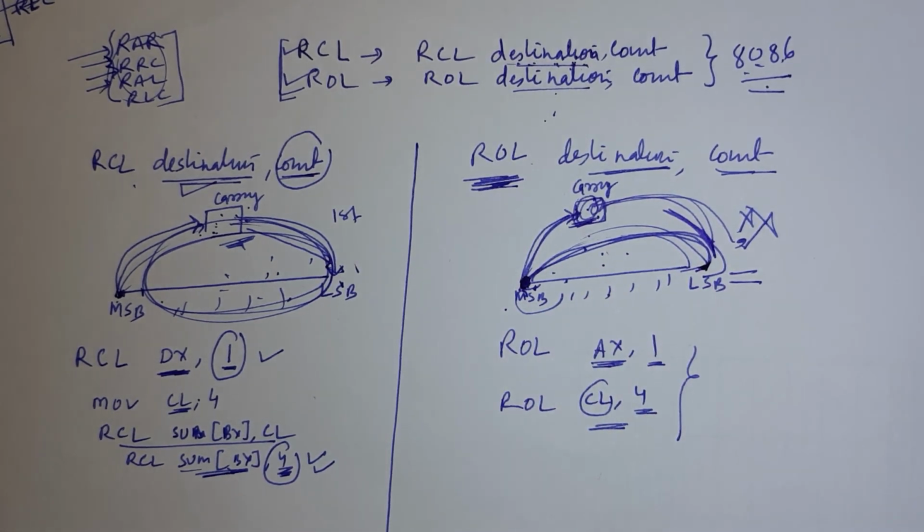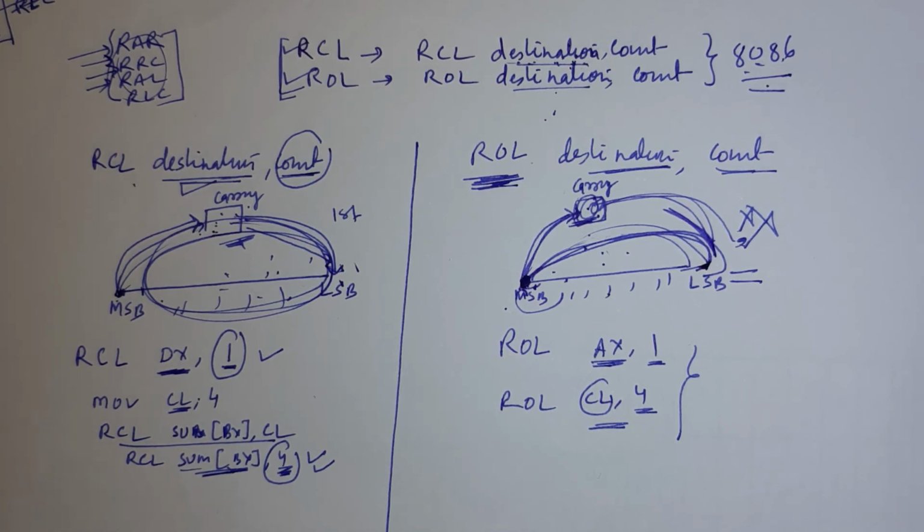This is the difference between RCL and ROL. At the position of destination we can mention any register, and that is the difference between the 8085 and the 8086, because in the 8085 rotate works on the accumulator by default, but in the 8086 whatever is given at the position of destination, the instruction works on that.